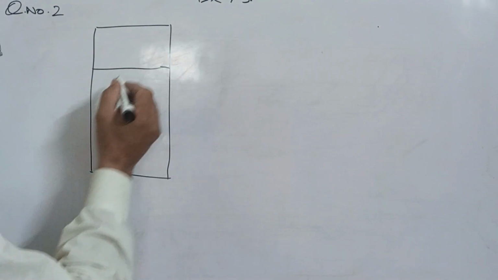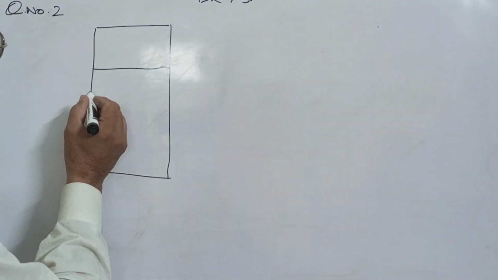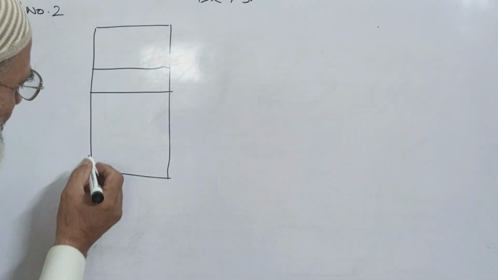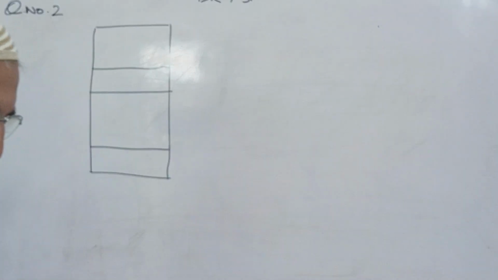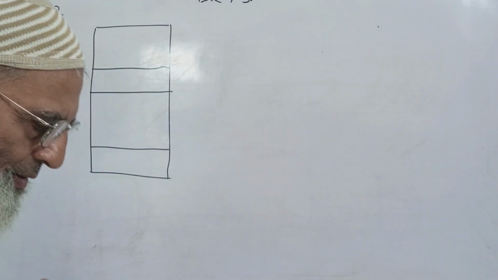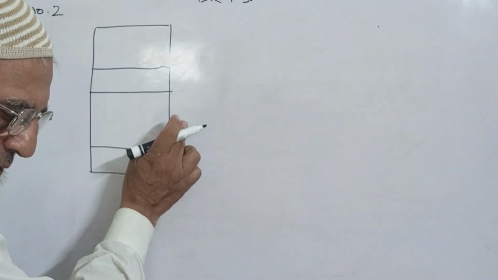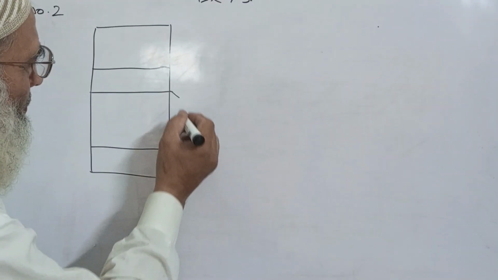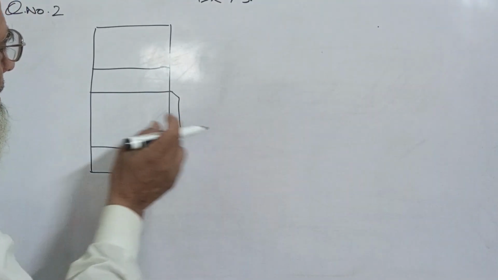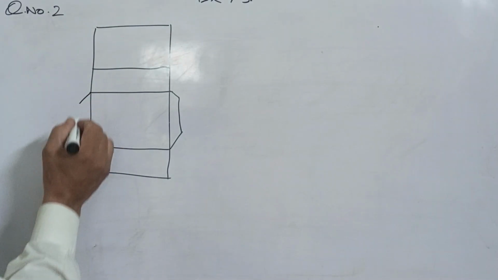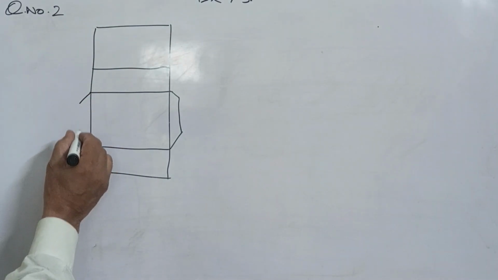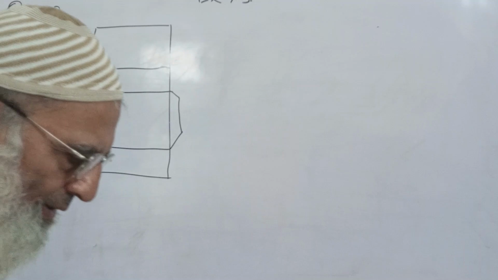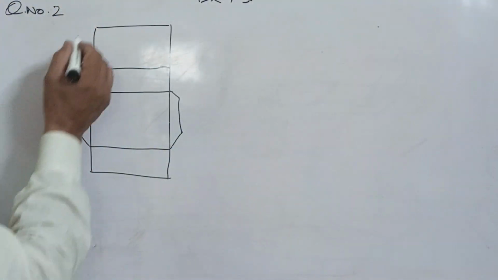This is one side, this is the other side, and this is the shorter side, and on these there are two flaps like this, and you can see this figure on your book. Now there are some names given to it.